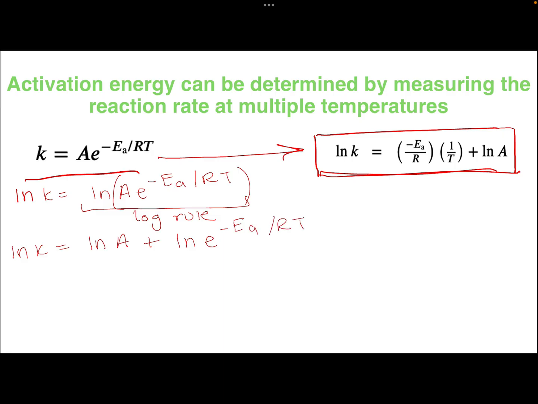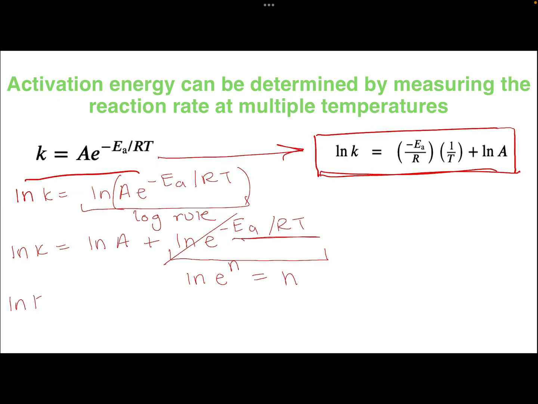And this is useful because we have another log rule. When you take the natural log of e to the n, that just equals n. So this is a way for us to remove this exponential term, which makes it a lot easier to look at our activation energy term.